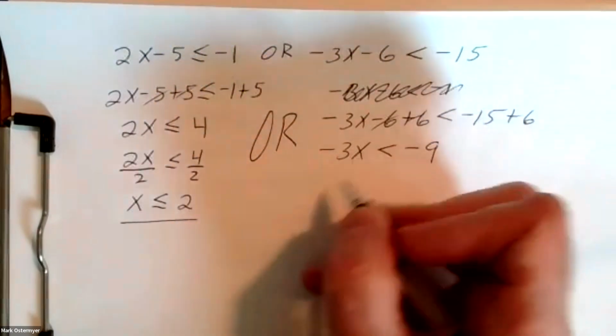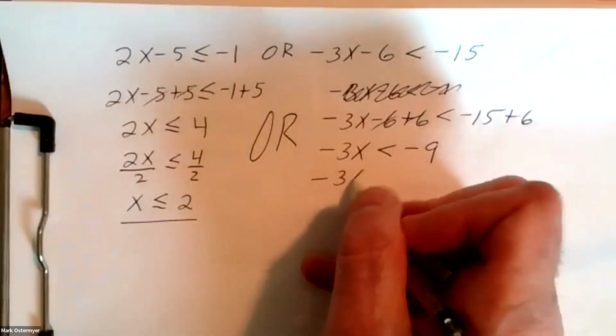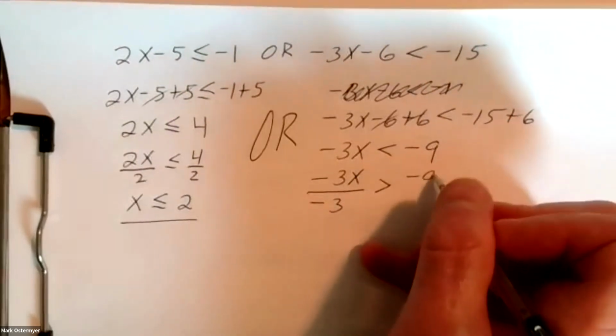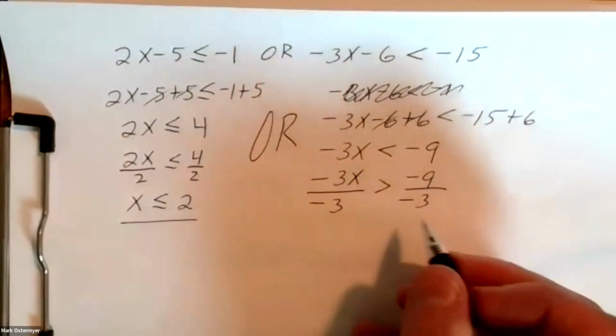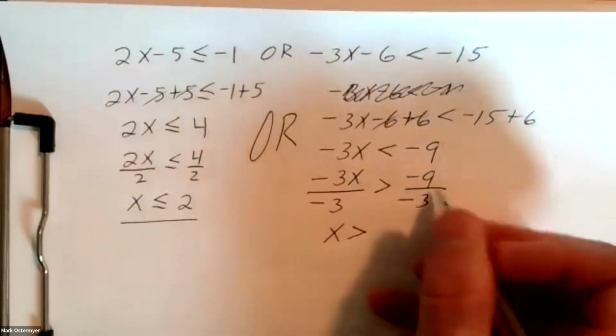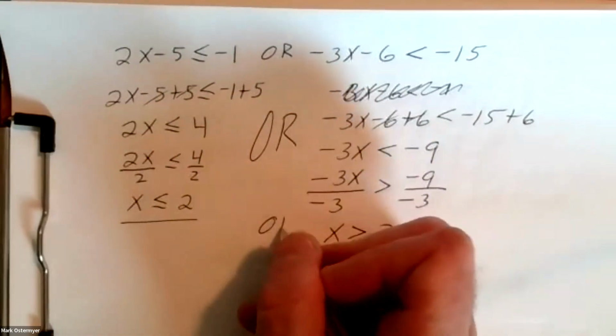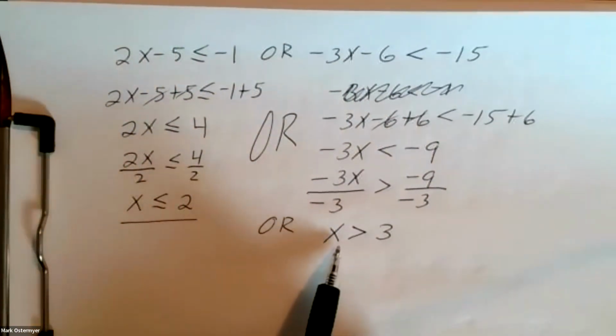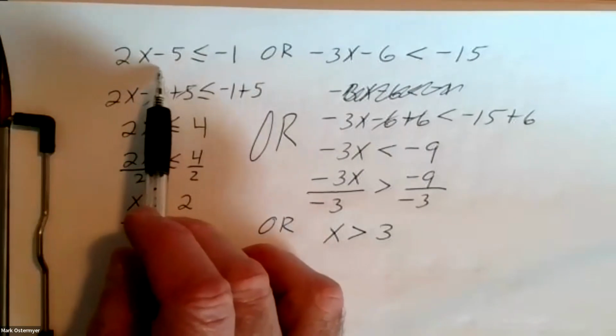Now we need to divide both sides of our inequality by a negative number. Since we're dividing both sides by a negative, we must flip the inequality symbol around. Try not to forget that. The left side reduces down to x, and the right side reduces down to 3. So there you go, ladies and gentlemen. We have 2 solution sets that would provide solutions to the compound OR inequality.